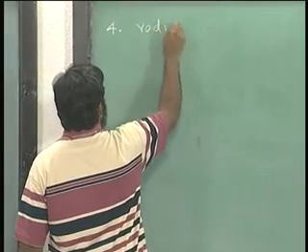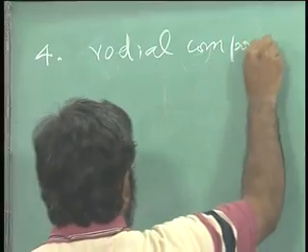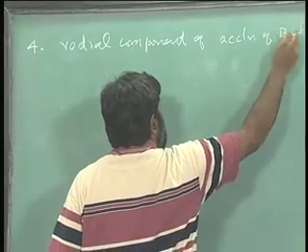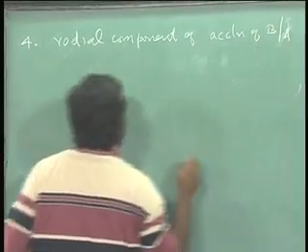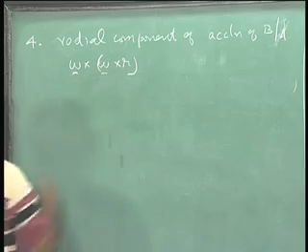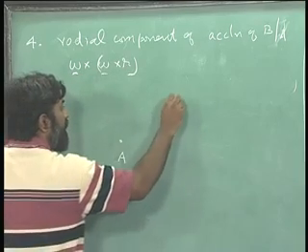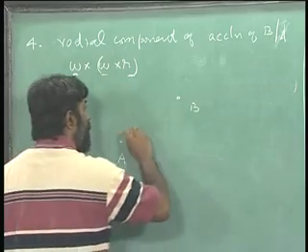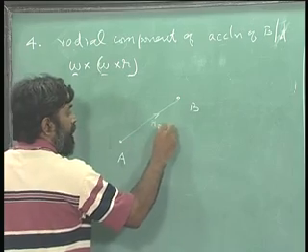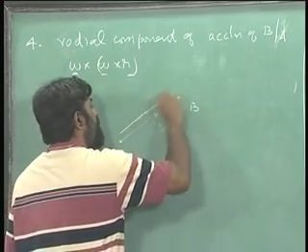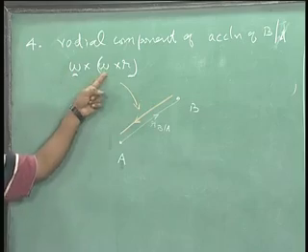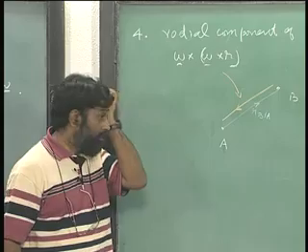So, the radial component of acceleration of B with respect to A, which is omega cross omega cross r, will be such that if I have A here and B over here, this is the direction of RB with respect to A, and this is the direction of omega cross omega cross r.